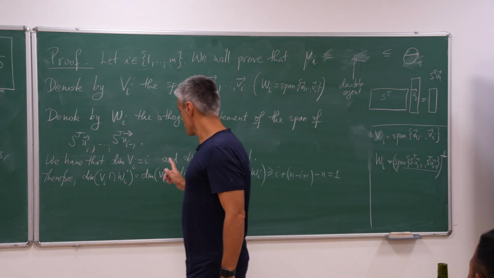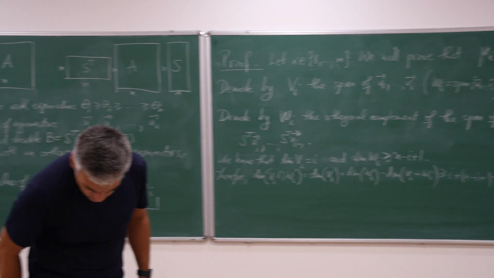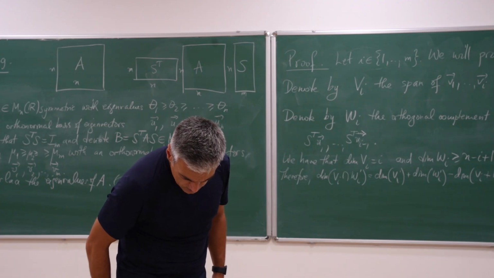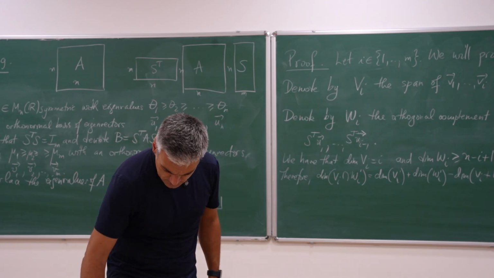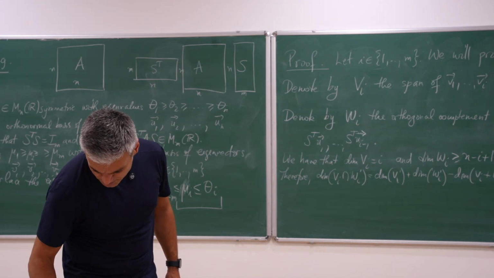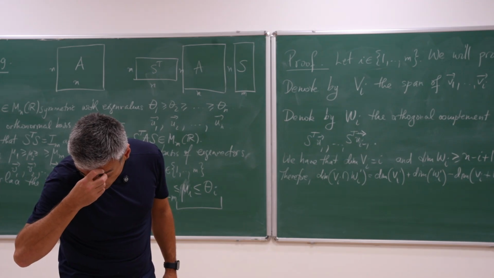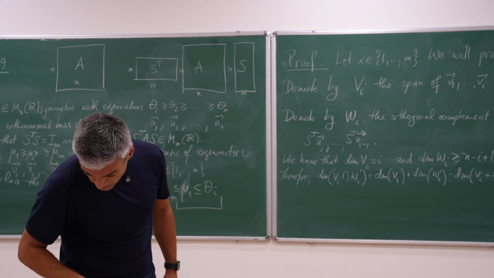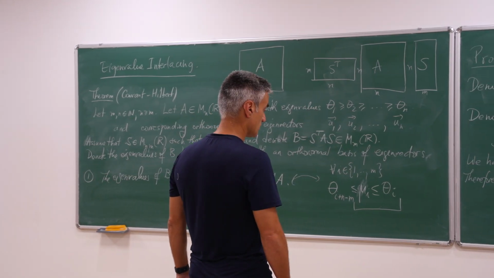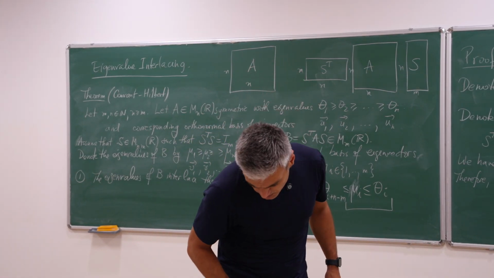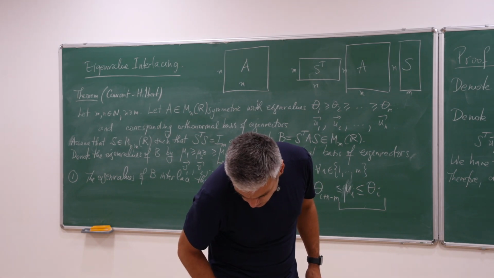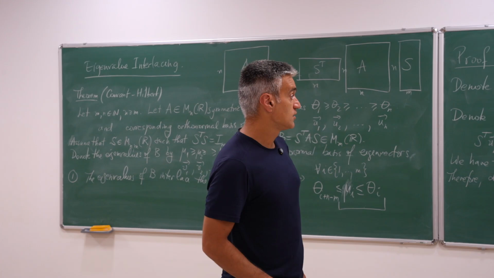Let me see if I got them mixed up. A is theta, B is mu.